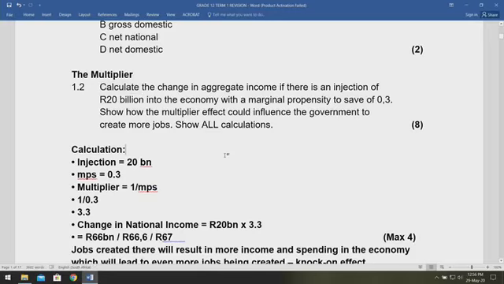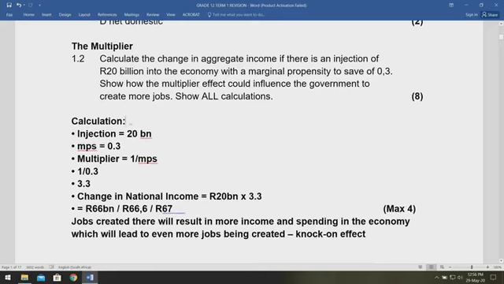And then that value is then multiplied by what has been injected to get your change in your income. So we know that our injection is 20 billion because it says there, calculate the change in aggregate income if there is an injection of 20 billion into the economy with a marginal propensity to save of 0.3.